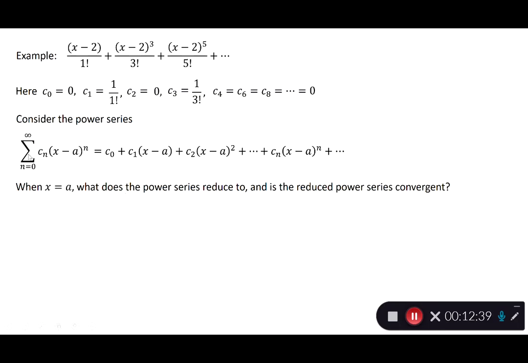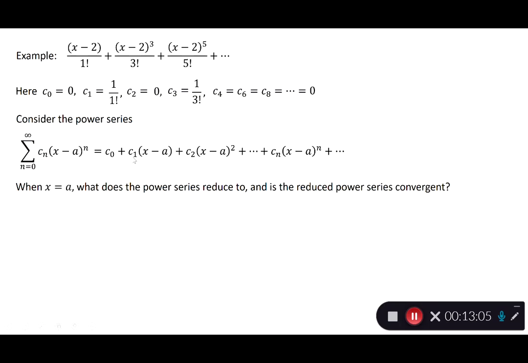For that, I want to suggest that you go to the expanded version and not the sigma notation. You've got to feel free to jump from one notation to the other. Sometimes it's good to see it in the sigma notation, sometimes in the expanded notation. So in this case, I would suggest to answer this question, what happens to this power series when x equals a?